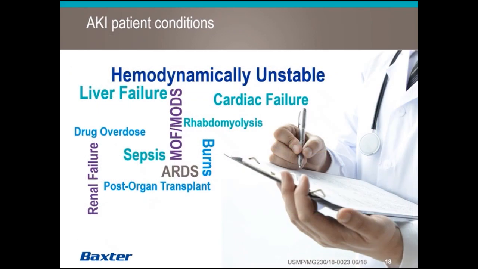The following is a list of potential conditions that may lead to acute kidney injury in the ICU population. Patients with acute kidney injury and at increased risk for acute kidney injury require careful attention to their hemodynamic status. This is because hypotension results in decreased renal perfusion, and if severe or sustained, may result in kidney injury.